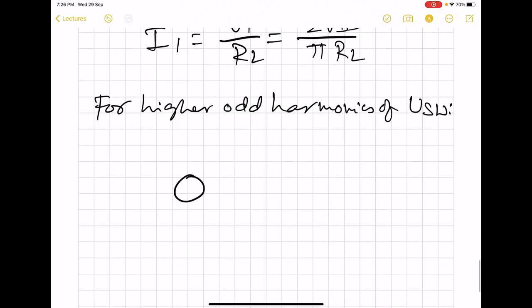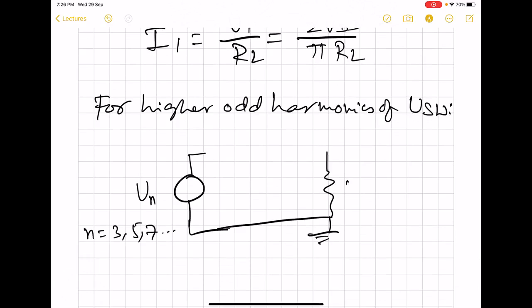the equivalent scenario will be that here we have harmonics components Vn, where n is going to be 3, 5, 7, and so on and so forth. And then we have the resistor here, the load, and between these two we have L and C. So we see that C will tend to offer less impedance.